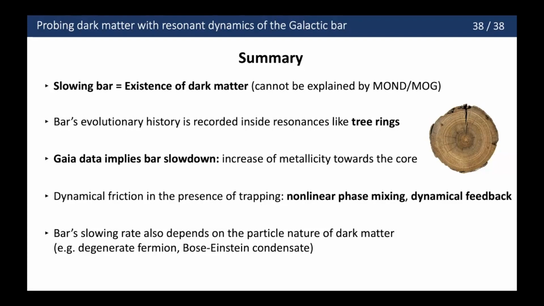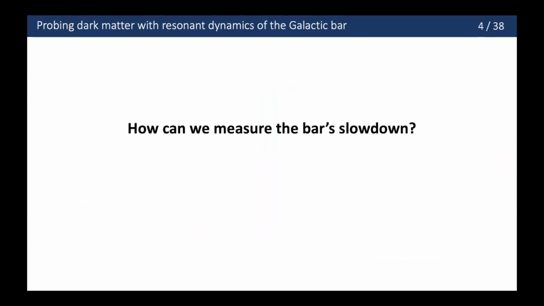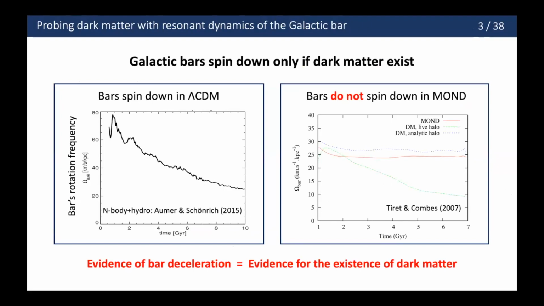One more? Yes. I was just wondering, you were computing the torque produced by the dark matter. How much could plausibly come from the baryons? Right. So, for example, this dotted curve here is a simulation where they did a bar galaxy simulation where they just froze the dark matter.